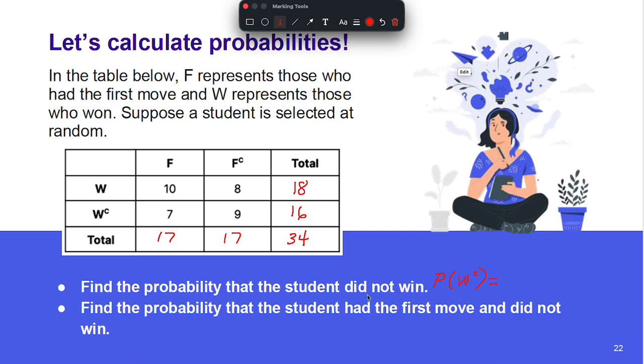That's all they want to know. So here's the row that deals with how many did not win. Well, it looks like 16 out of 34 did not win.